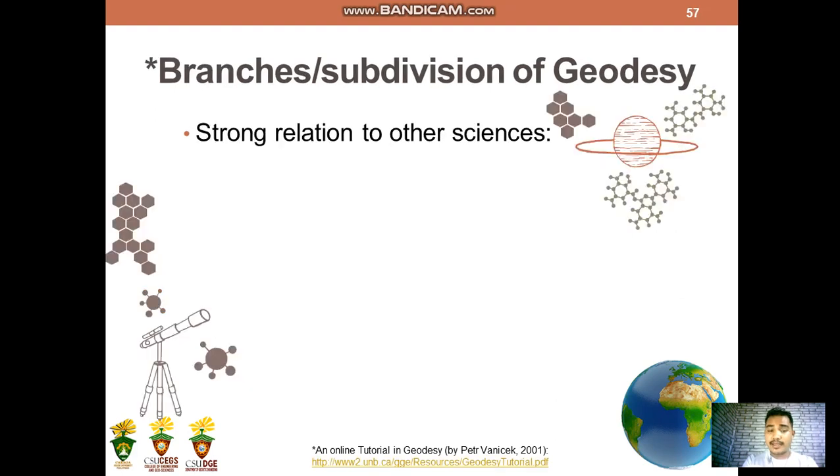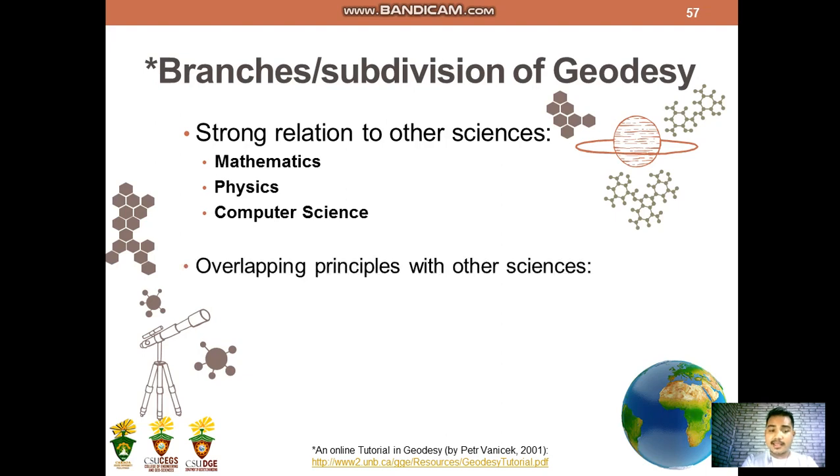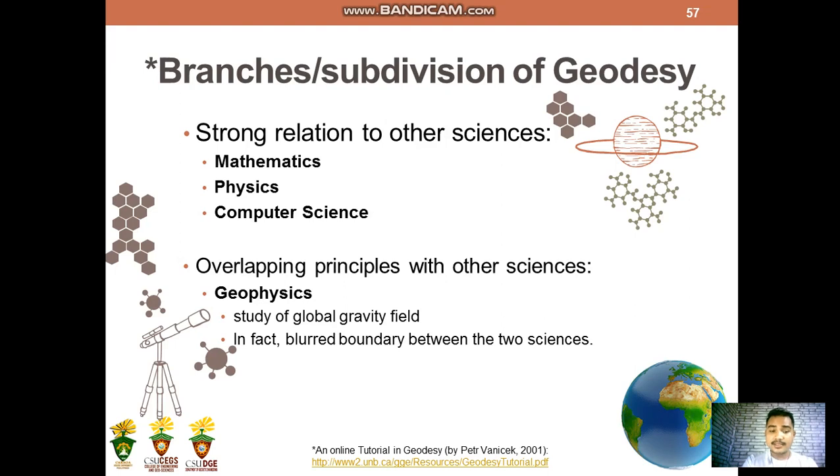We have a strong relation of geodesy to mathematics, which is the fundamental, physics, and computer science, and overlapping principles with other sciences such as geophysics, which is the study of the global gravity field. They overlap because geodesy has physical geodesy, which deals more with the Earth's gravity field. In fact, the boundary between geophysics and geodesy is blurred.